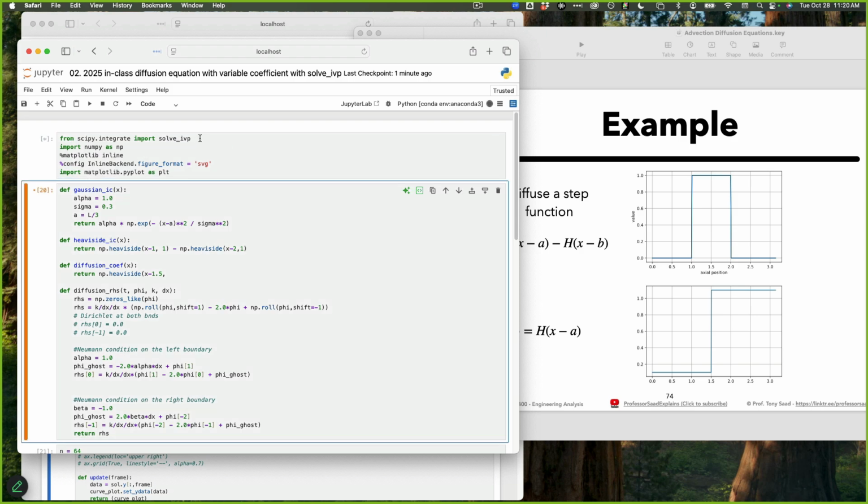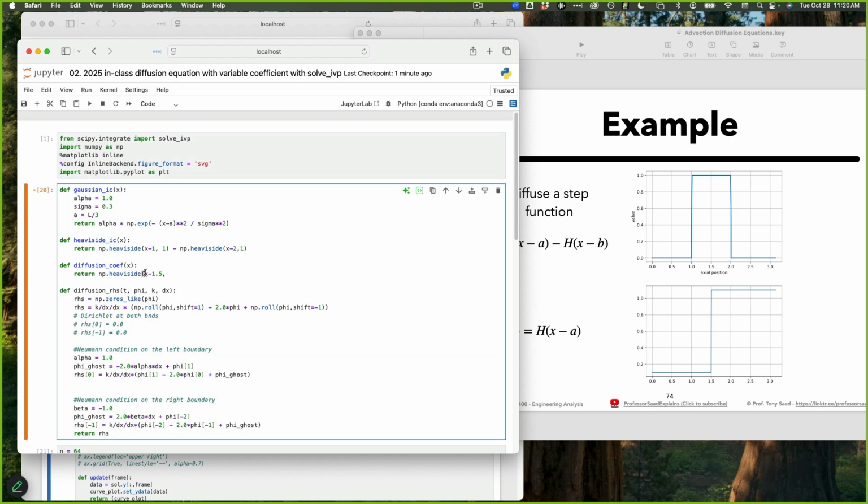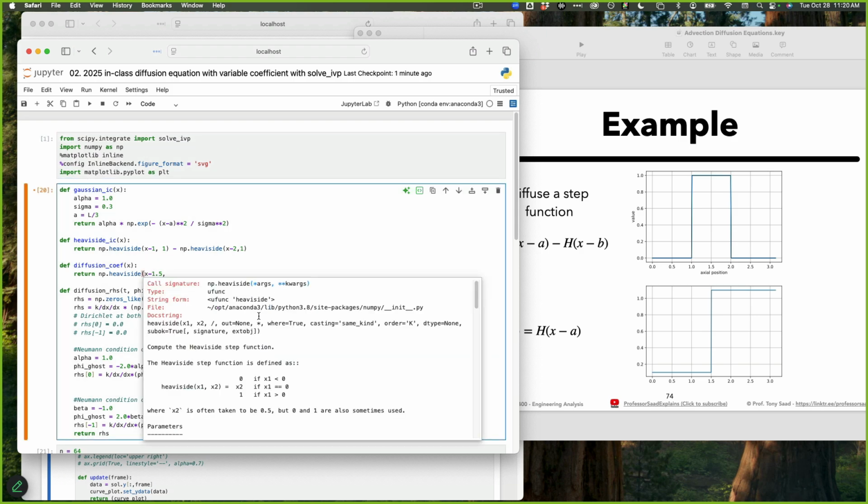Now the value, so if you look at, I cannot see the documentation here. Let me run this first. Okay, so now the documentation is saying this is the heaviside function with x1 and x2. x1 is the point where below x1 the value should be 0, and above x1 the value should be 1.